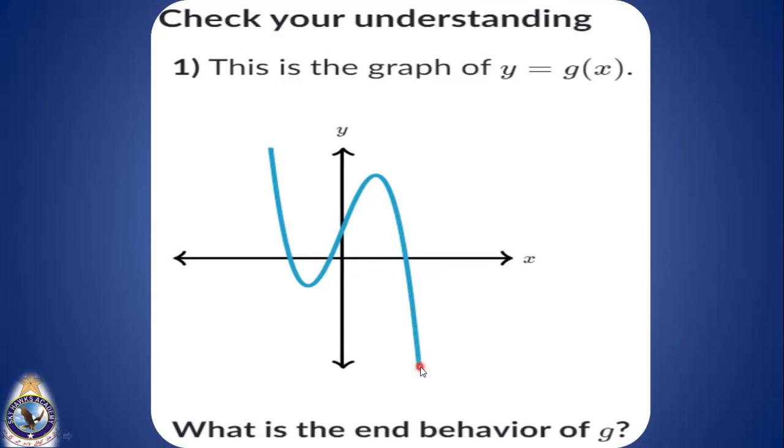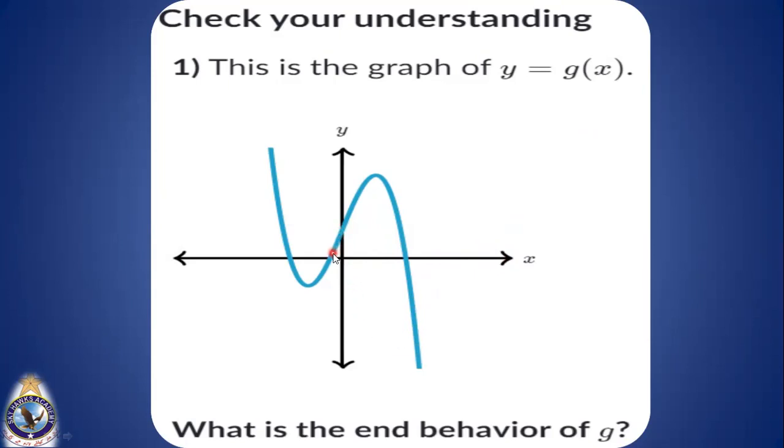It will never go up. On the right, it is moving down. If you are putting positive x, you are getting negative values. So it will move down to negative infinity.